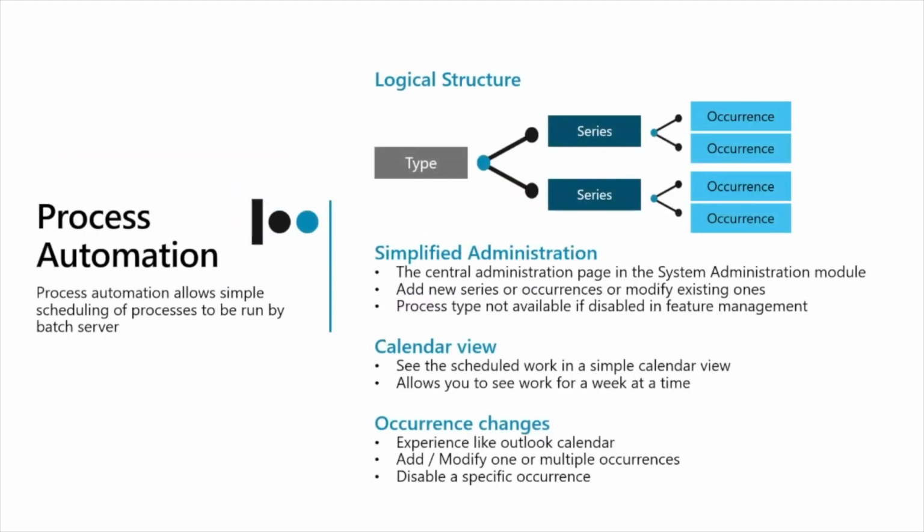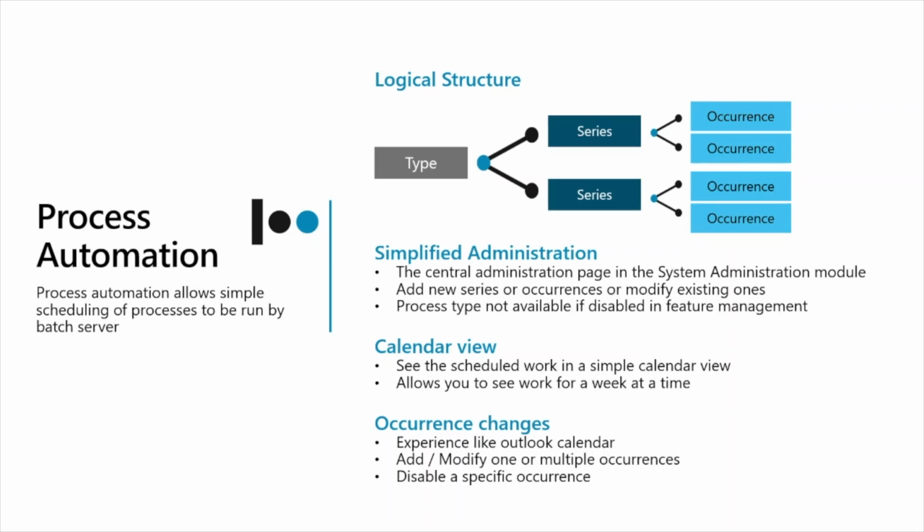So, the process automation. Process automation is a framework we have introduced, and it allows you to simplify the scheduling of processes to run by the batch server. Without this, scheduling batch tasks is an activity which is very hard to be done by end users. But with this process automation framework, we bring a possibility to simplify this activity.